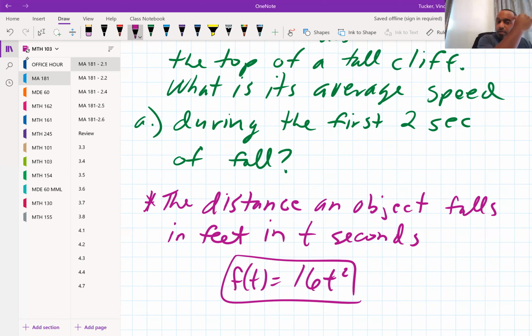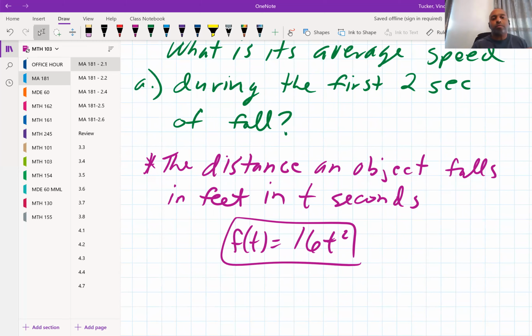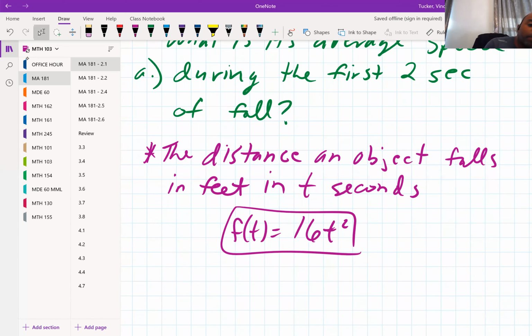The distance that an object falls in feet in t seconds is going to be f of t equals 16t squared. So if we want to know the average speed during the first 2 seconds of fall, if we talk about the first 2 seconds, that means our interval is going from 0 to 2.